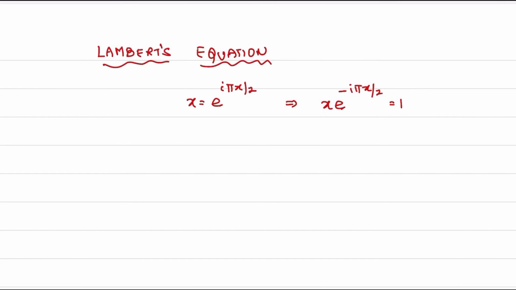Can we write like this? From this above, using the Lambert's equation, we get the value of x as x is equal to 2I by pi W of minus pi I by 2.